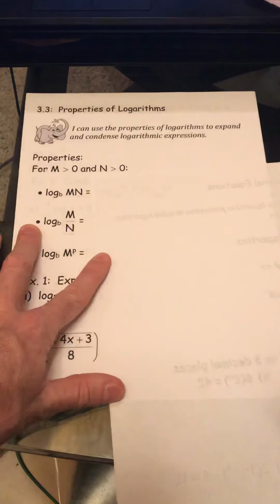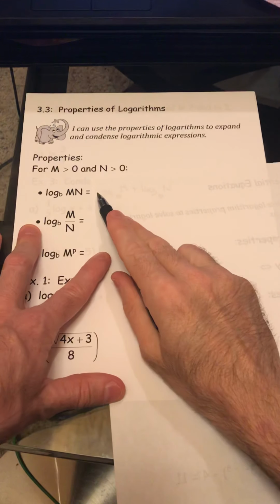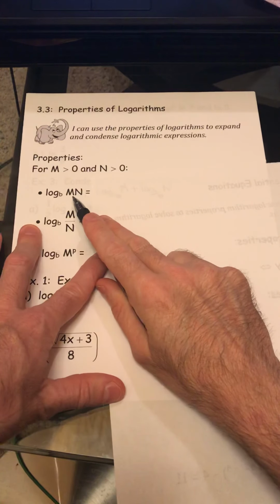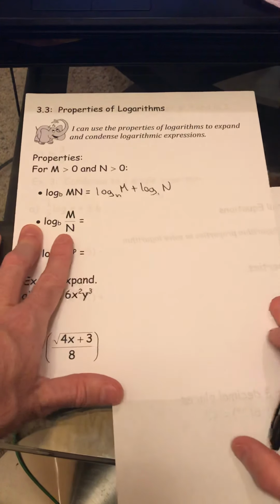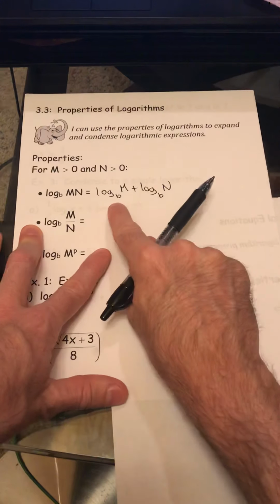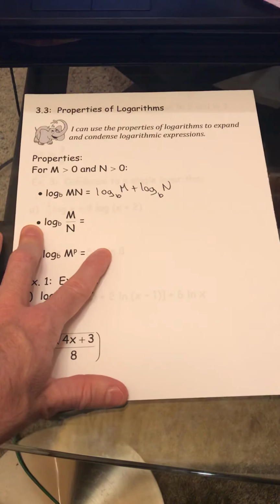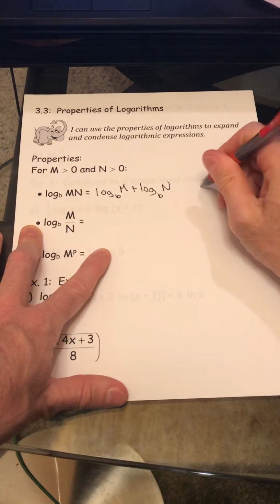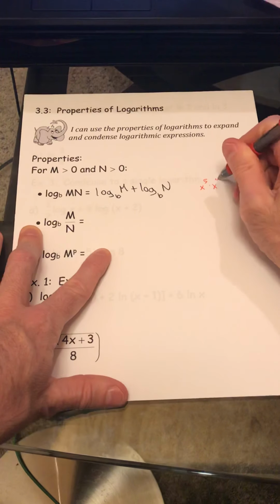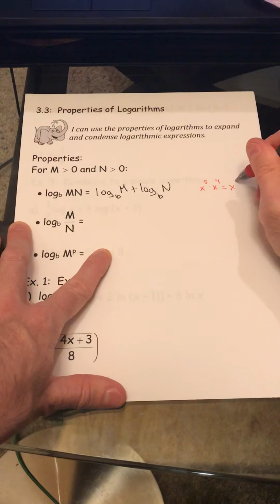So the first one, if you have something like log base b of mn, there are going to be some instances where we may need to split things apart. If you need to split apart a logarithm, that becomes log base b of m plus log base b of n. Think of x to the 5th times x to the 4th. When you're multiplying with exponents, you add.